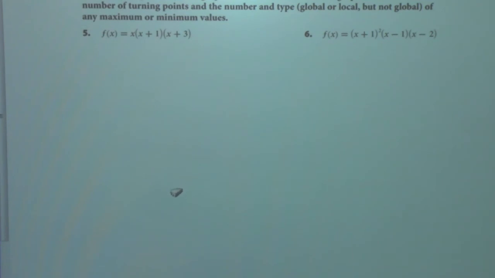Use a graphing calculator to graph the function, then use the graph to determine the number of turning points and type, global or local, but not global, of any maximum or minimum value. So 5 and 6 are building upon the exercise we did where we talked about the turning points, right? Yes, sir.